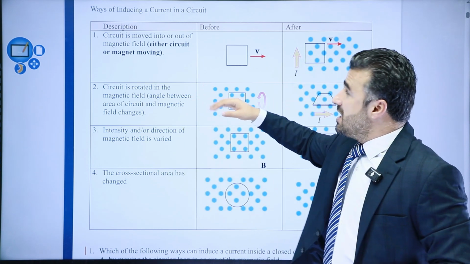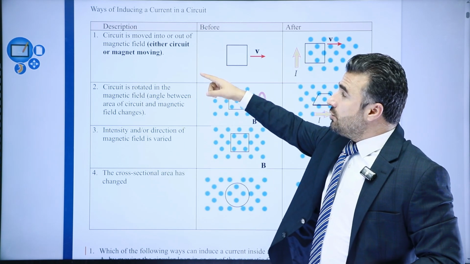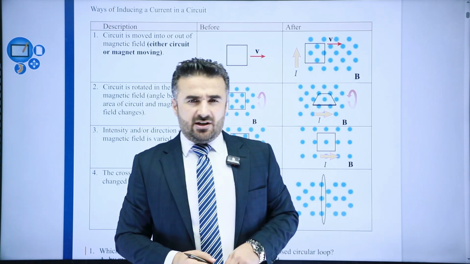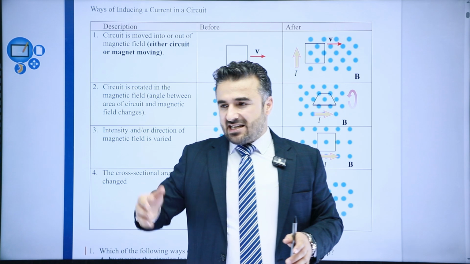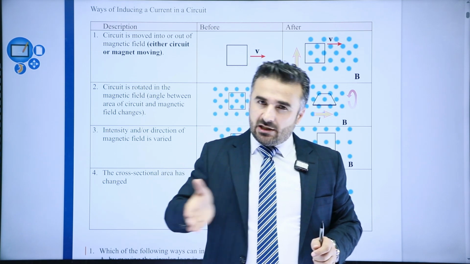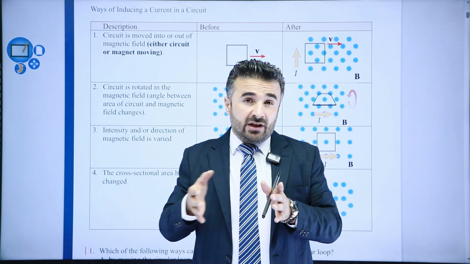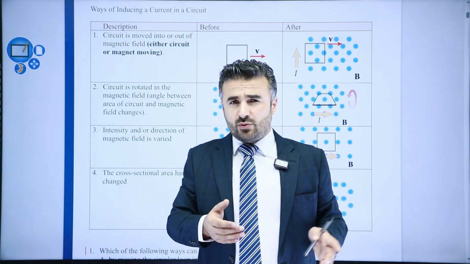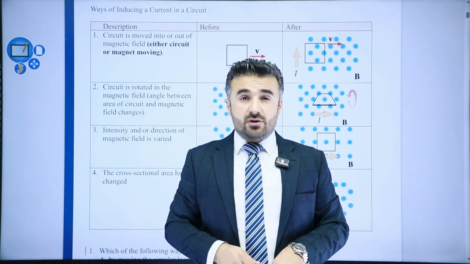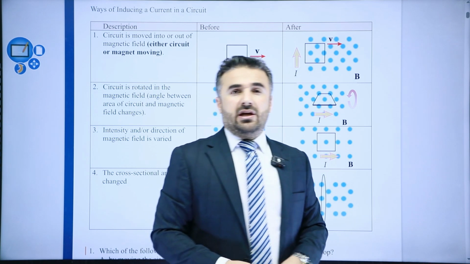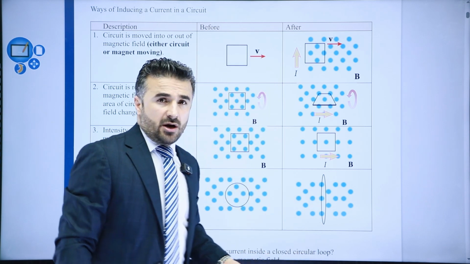The first one is if the circuit is moved into or out of a magnetic field. If you don't remember, in the previous session we said it doesn't matter whether you move the magnet into the coil or the coil closer to the magnet. Whichever you're moving, as long as there is a relative motion between the two, then of course there will be an induced electromotive force and an induced current as well.